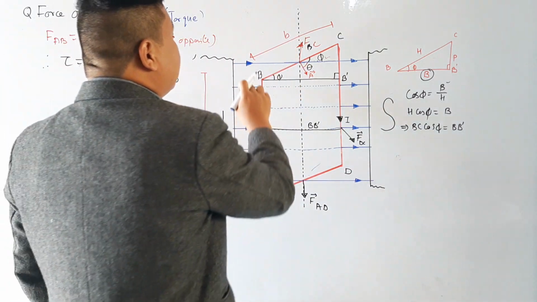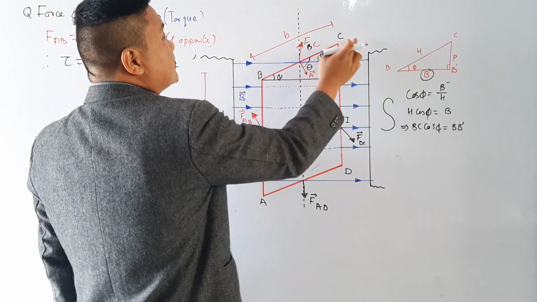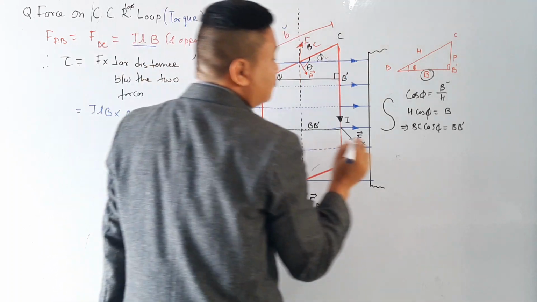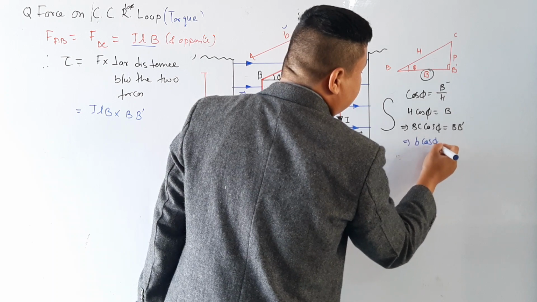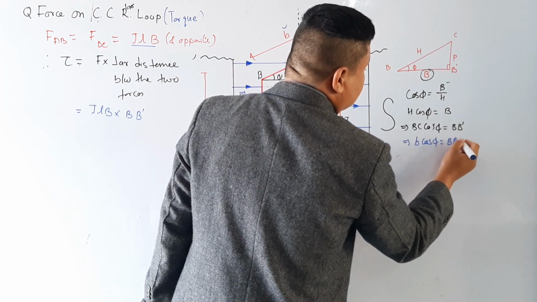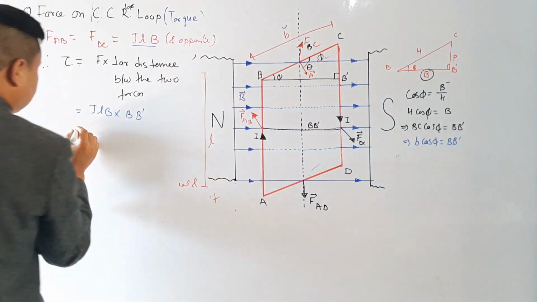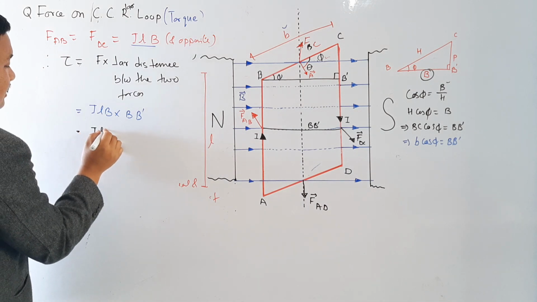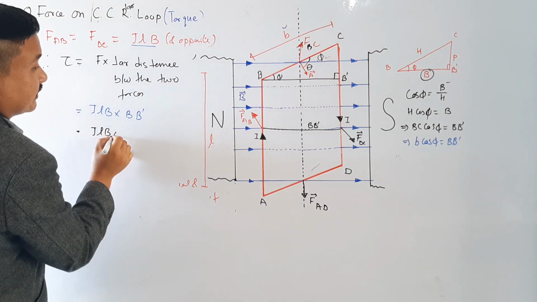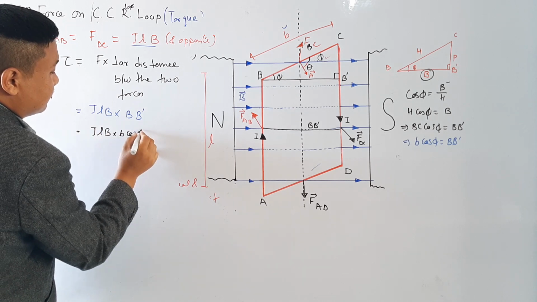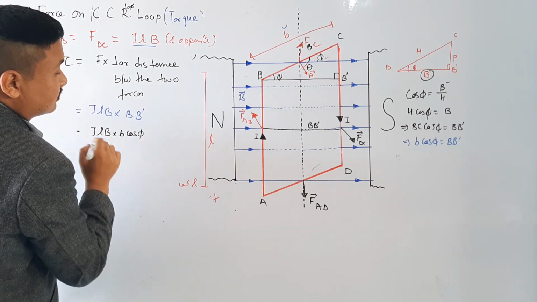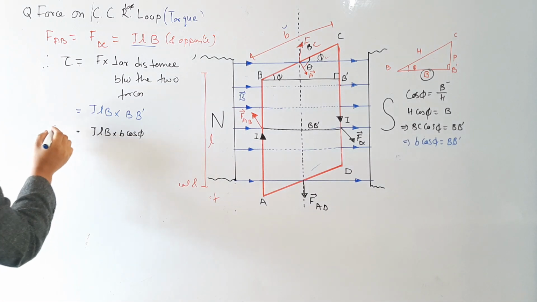Now what is BC? BC is my small letter b. So I will write b cos phi is equal to B dash. So here I will write ILB into b cos phi. So this is my torque.